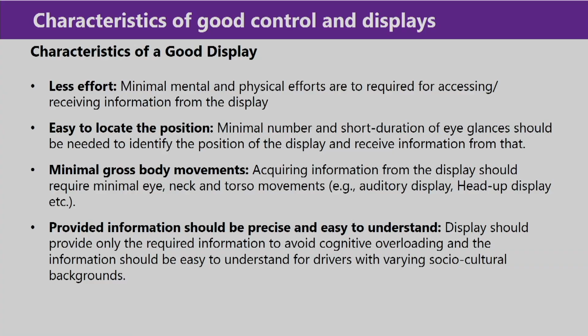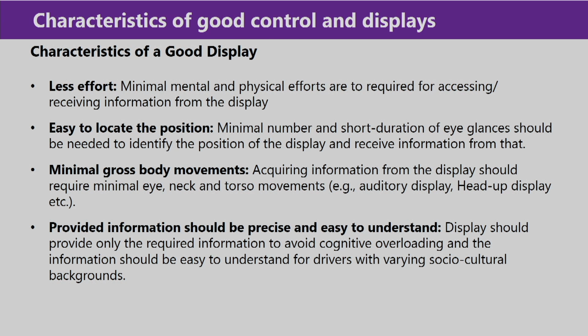The characteristics of a good display. Here also, a good display should involve less effort. Minimal mental and physical effort should be required for accessing or receiving the information from the display. Easy to locate the position, like a control also. In this case, for identifying the display's position, there should be very minimal visual search.